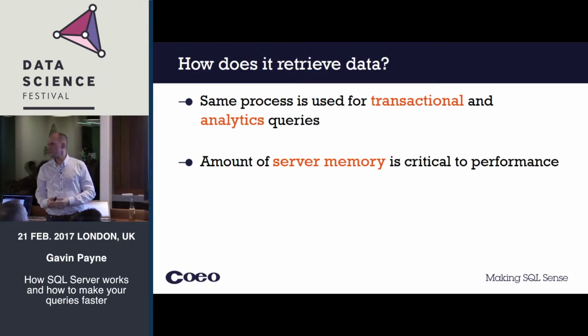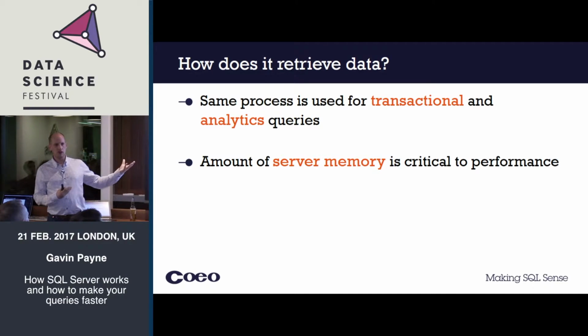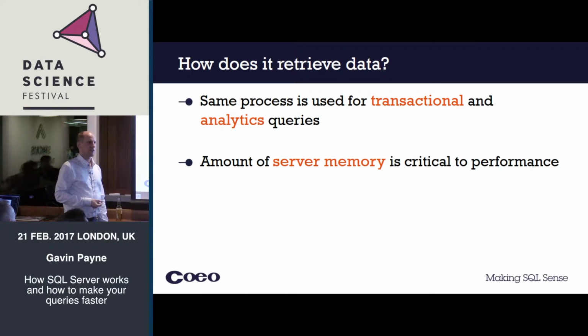So let's think about some of the challenges in the data science world. So what we've just described there about how SQL Server takes data from physical disk to memory to the user, that's what it does for every type of query it can ever process.